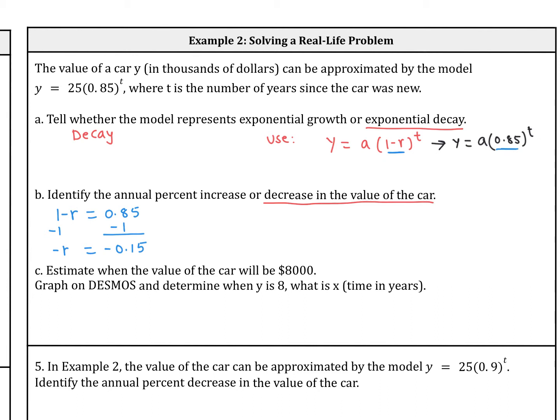Now we are going to solve for r, so we are going to remove this negative. To remove this negative, we divide by negative 1 on both sides. So this negative cancels, this negative cancels, and you get r equals 0.15. This r, which is a rate, is in the form of a decimal, but we want the answer in percent.